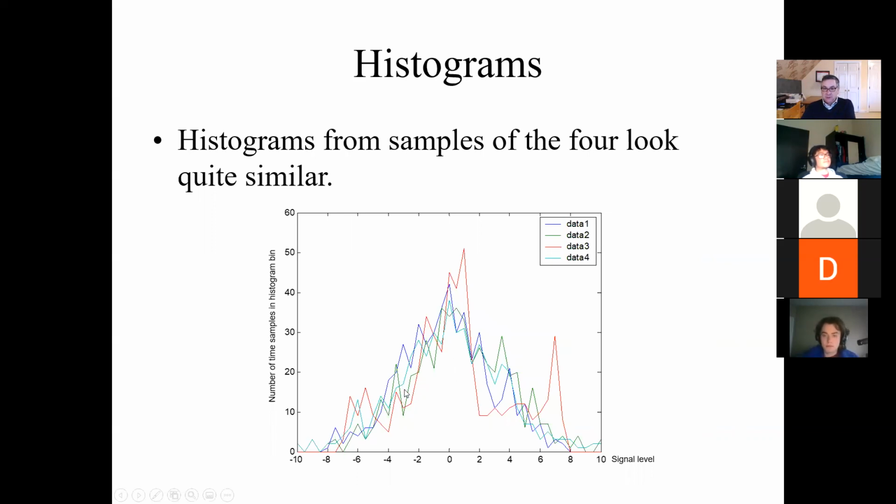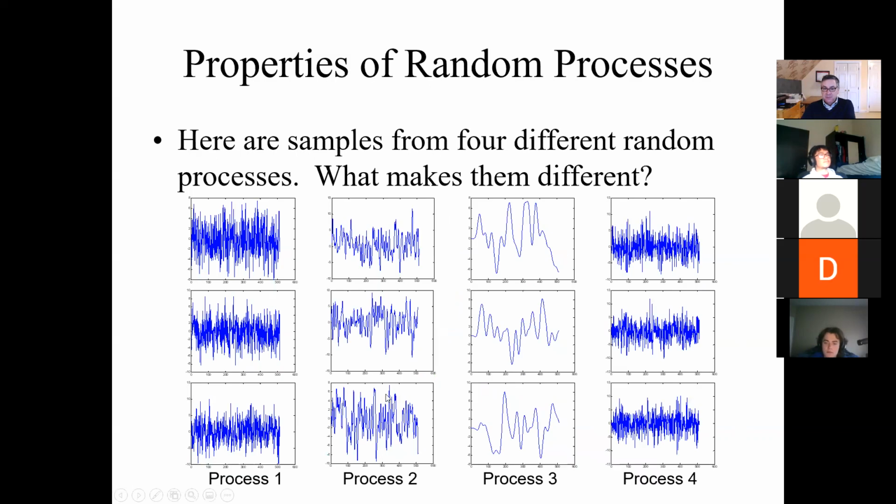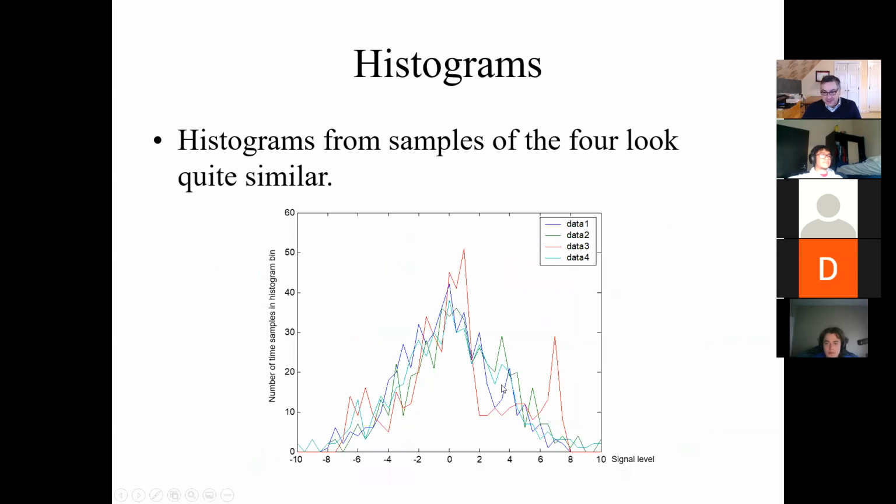So histograms from all of these are similar, which goes to say that the temporal statistics don't give us the whole picture about these random processes. I made these random processes this way for this example.